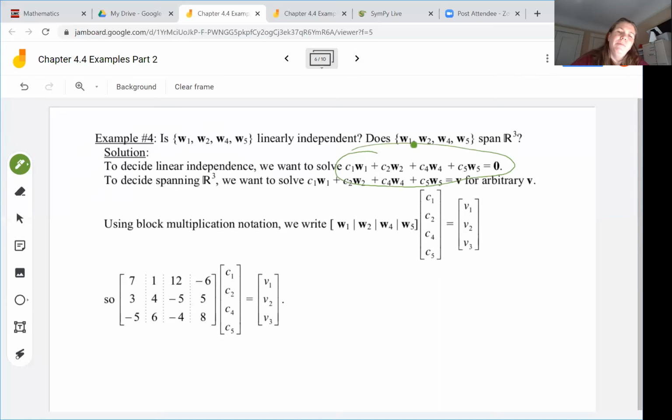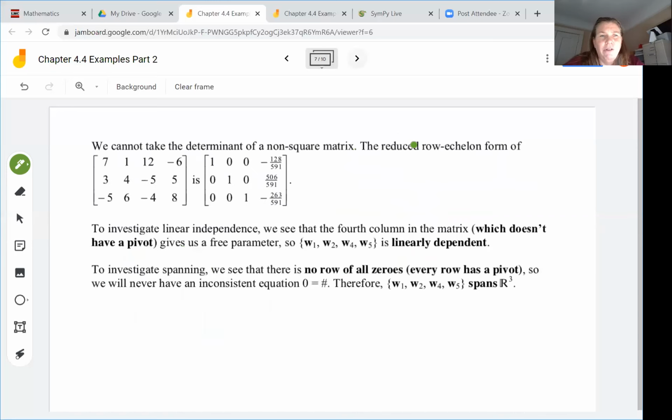So we can use block multiplication and replace those columns with the vector values. We get this coefficient matrix multiplied by the column matrix C1, C2, C4, C5, corresponding with the scalars. And we're going to see, does this equal an arbitrary vector V1, V2, V3? So notice we have 4 scalars, and we're trying to see if this equals an arbitrary 3-dimensional vector.